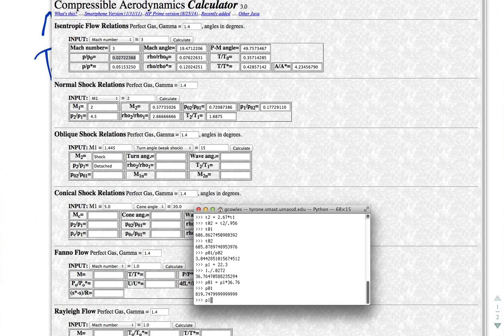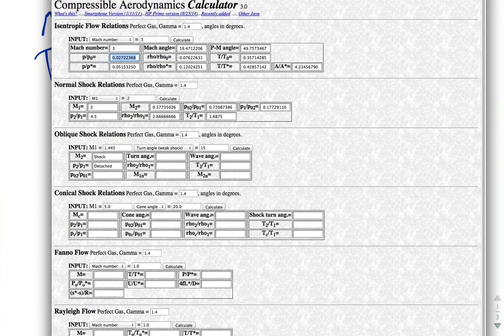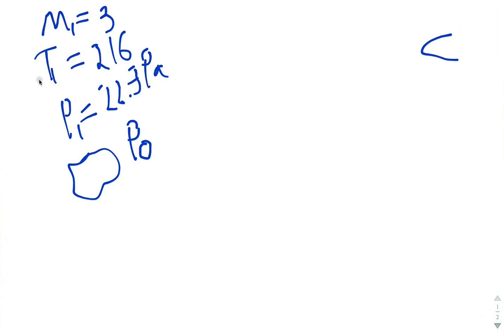So the initial static pressure, I forgot it, is 22,632 Pa, and our stagnation pressure is equal to that divided by this pressure ratio. So you get a stagnation pressure of 832 kPa.